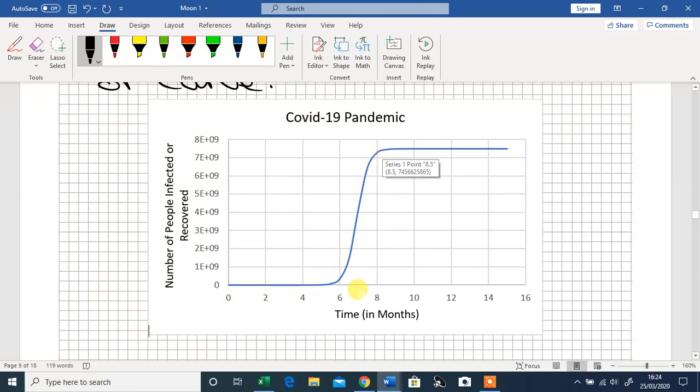So basically, again, just to recap, this is time t equals 0, beginning of December. This would be the beginning of February. This would be where we are now, nearly the beginning of April. So that's nearly 4 months since the outbreak started.